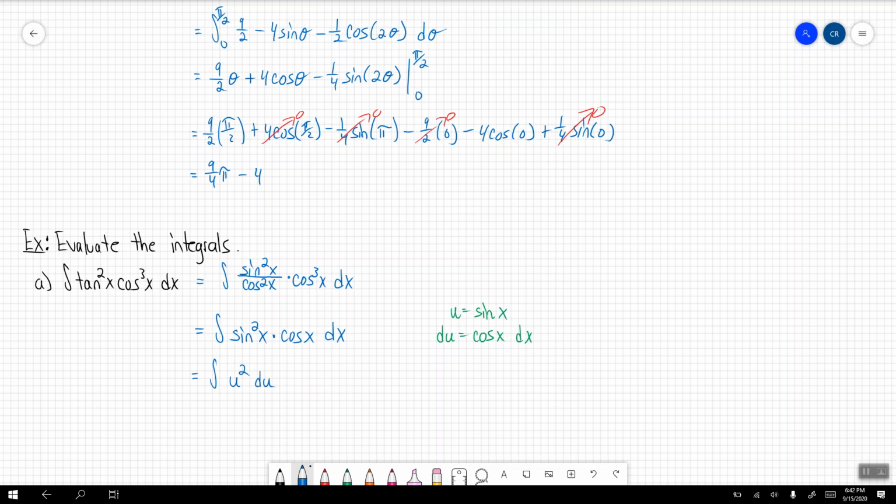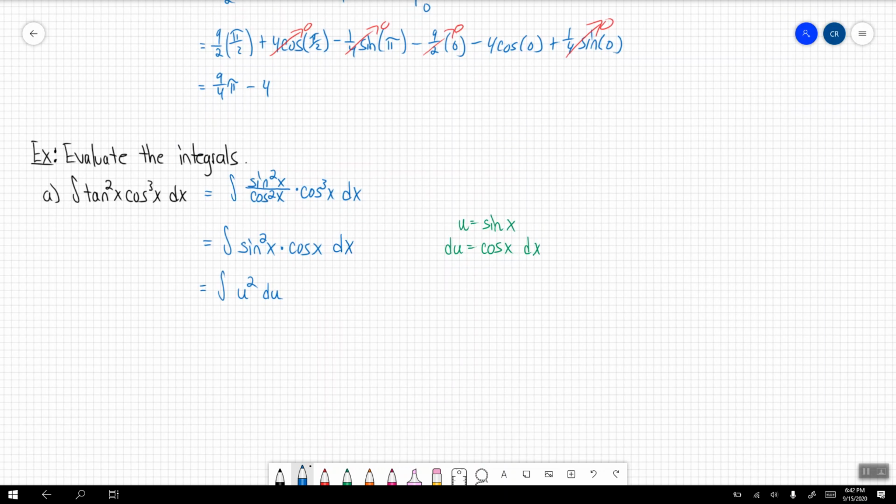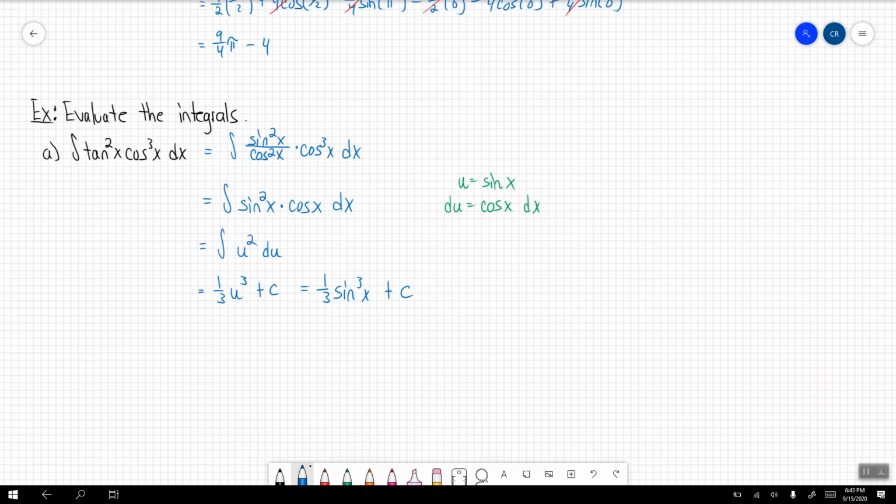Wow, look at that. That's pretty good. We make our substitution, we integrate to get 1/3 u cubed plus c, and we finally make our overall substitution. That 1/3 is multiplied by sine cubed of x plus c. And there you are. Pretty good, pretty straightforward. I like it.